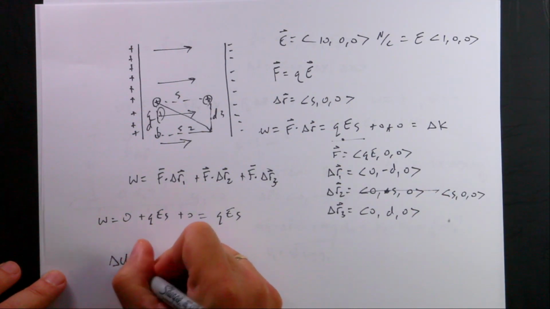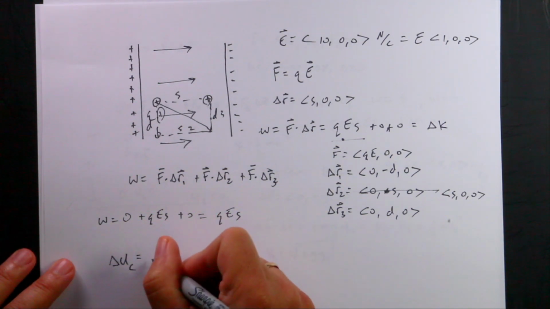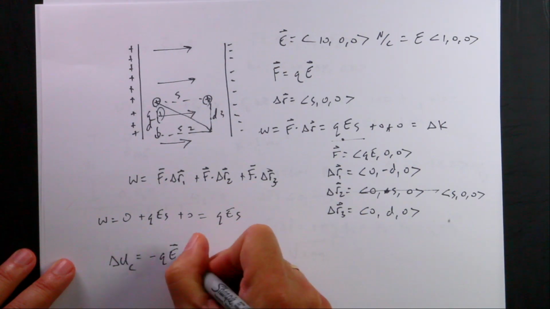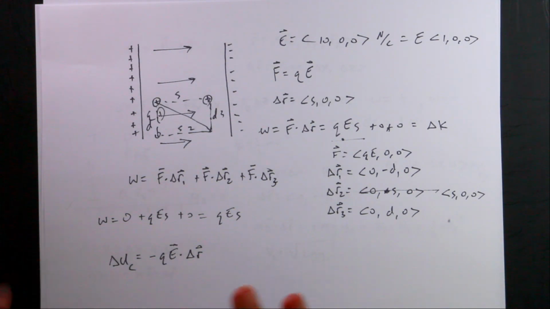So delta U, I'll put a C for Coulomb potential, is equal to, for a constant electric field, negative QE dot delta R. This is just the force, and that's the displacement. And then there's a negative sign because that's the negative of the work done.